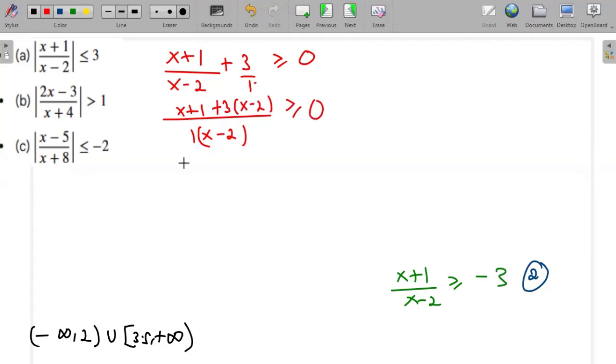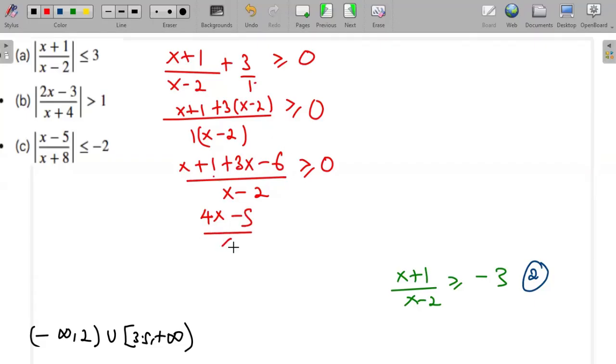So on top I have x plus 1 plus 3x minus 6, divided by x minus 2, greater than or equal to 0. Add like terms, so that will be 4x. 1 and minus 6 gives me minus 5, over x minus 2, greater than or equal to 0.